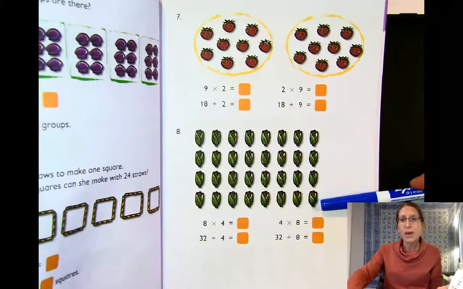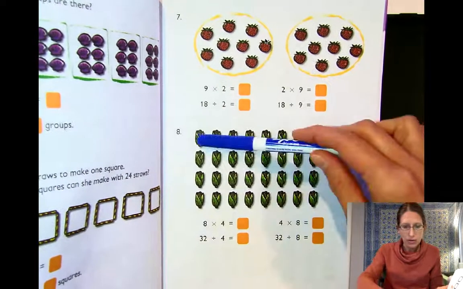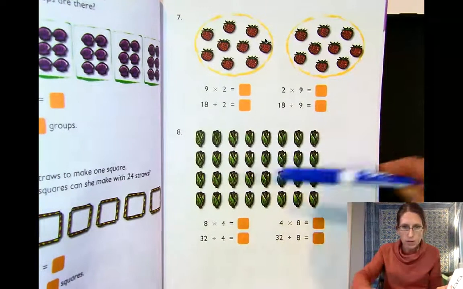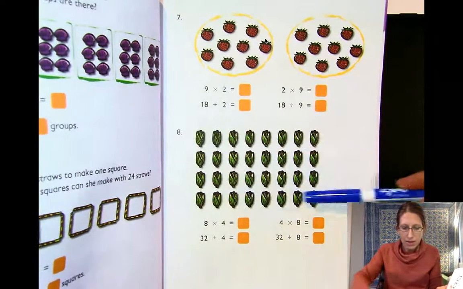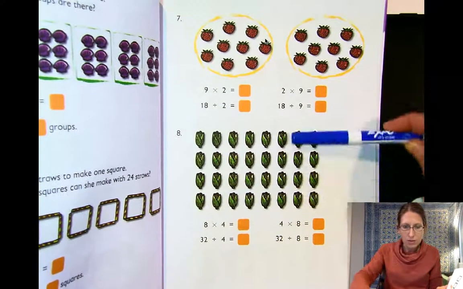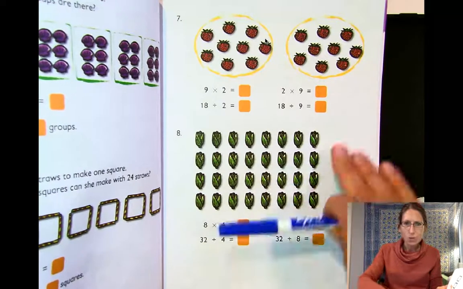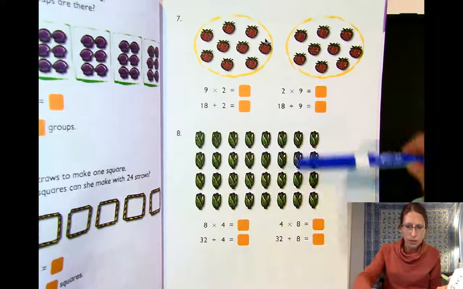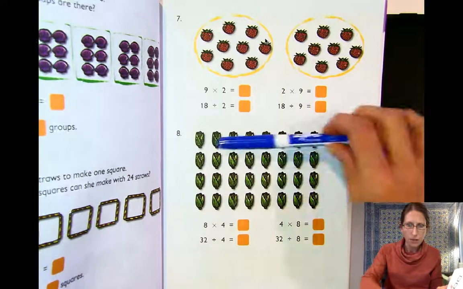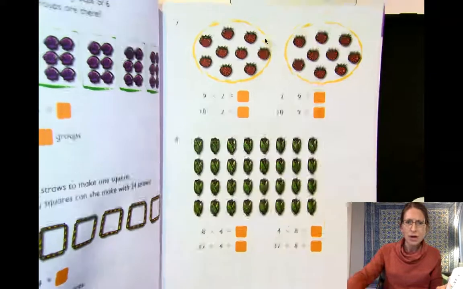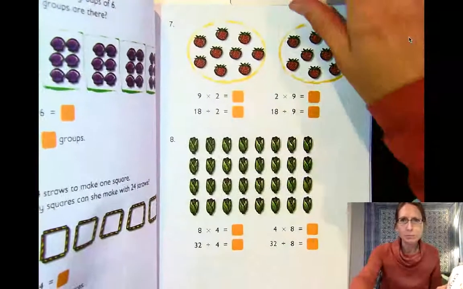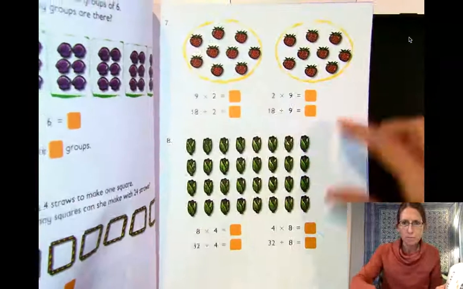An array is when we organize objects into nice equal rows and nice equal columns. You can see here it looks really neat and orderly, and we can see how many columns there are and how many rows. It really helps our brains if we can see it like that. So that is an array.